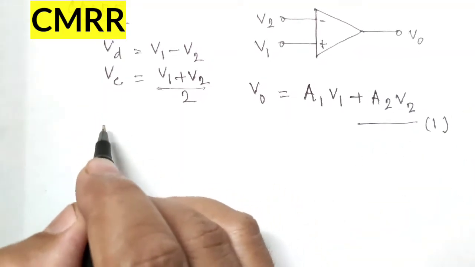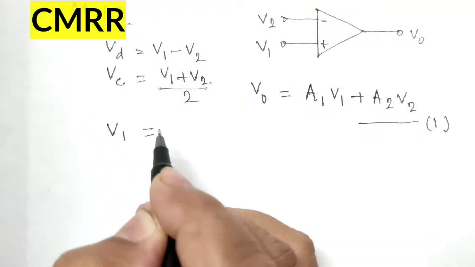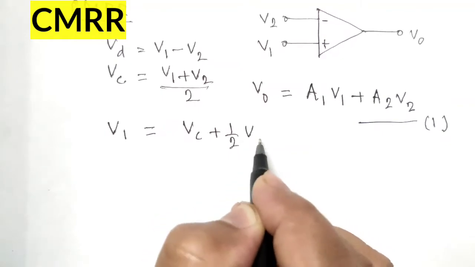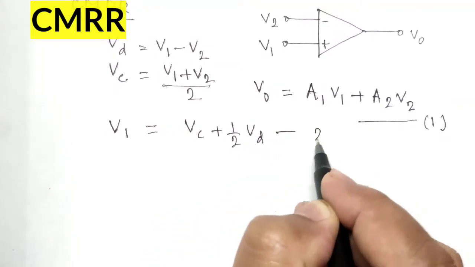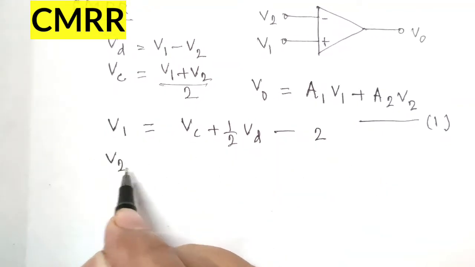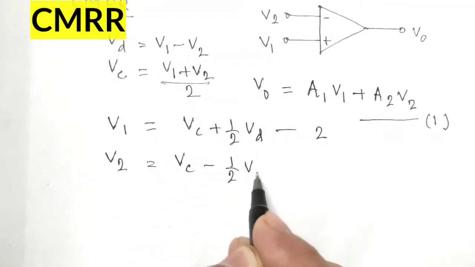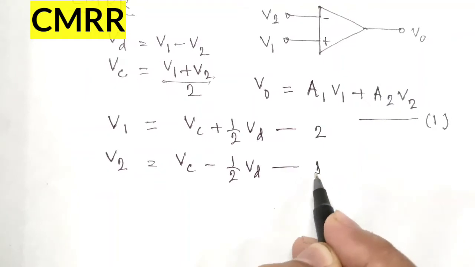Now V1 can be written as Vc plus half of Vd, equation 2, and V2 can be written as Vc minus half of Vd, equation 3.